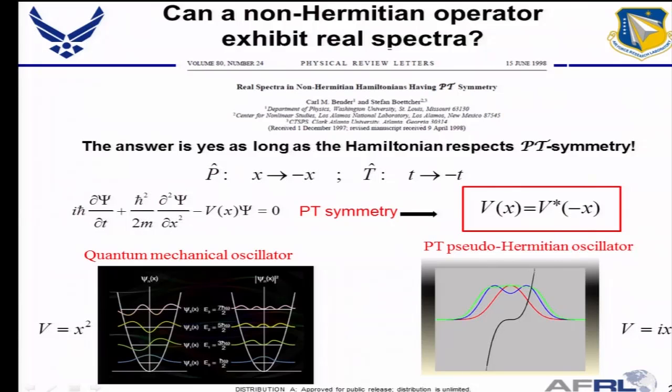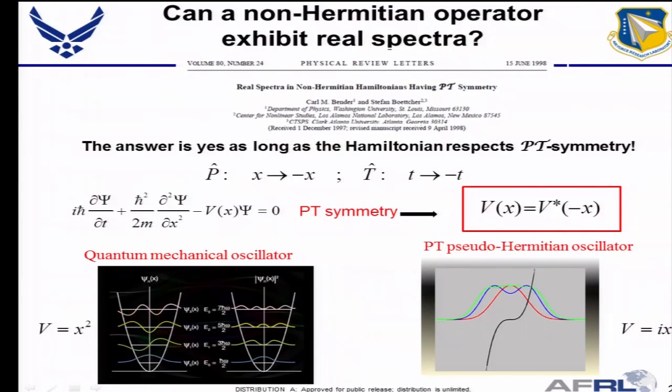This is interesting stuff. Back in 1998, Carl Bender and his co-author published a paper to answer a question: can a non-Hermitian operator exhibit real spectra? And this is for the Schrodinger equation. And the answer turned out to be yes. You can get real spectra out of this equation, provided that the Hamiltonian commuted with parity and time, which means that if you changed space and changed time, nothing happened.